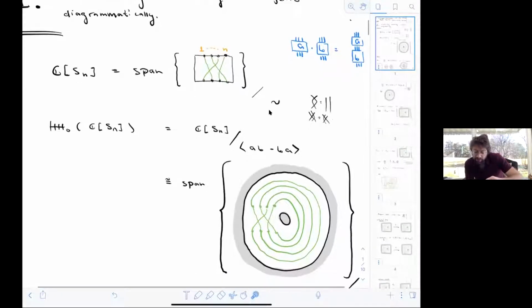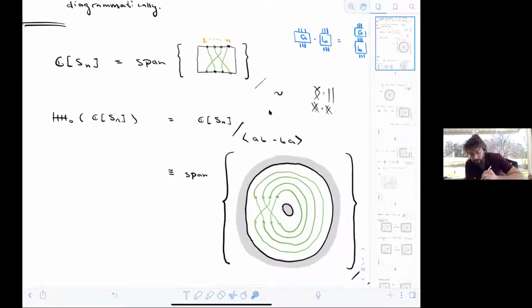This is not the only construction that we'll want to consider. There are also things you can do to an algebra, like consider Hochschild homology. HH_0 of an algebra is defined to be that algebra modulo commutators, modulo the vector space spanned by commutators.